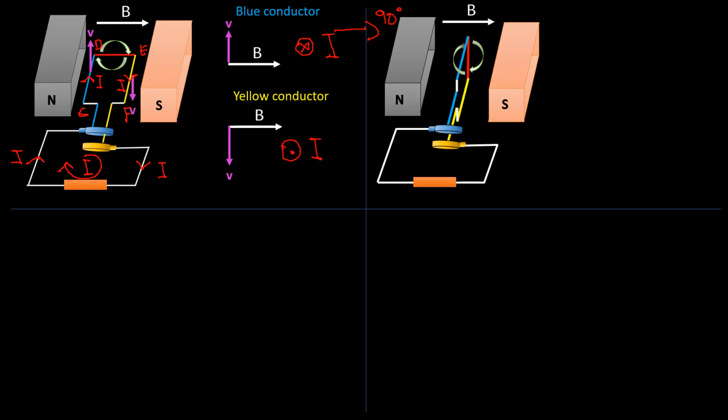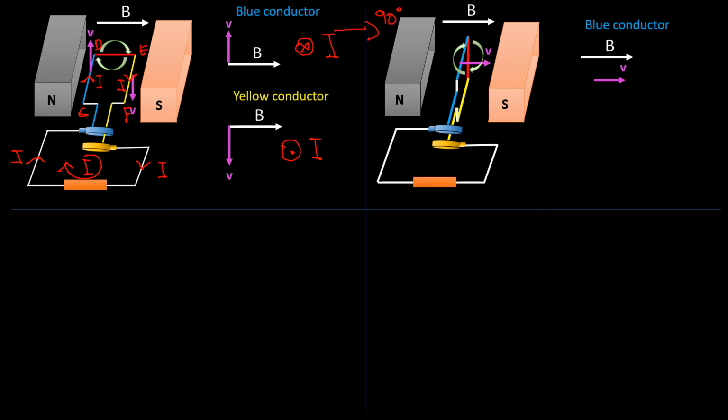But for your blue conductor, due to the coil rotating in a clockwise direction, now your blue conductor will experience a motion to the right hand side. So V is pointed to the right and B is pointed to the right, so both are in the same direction.